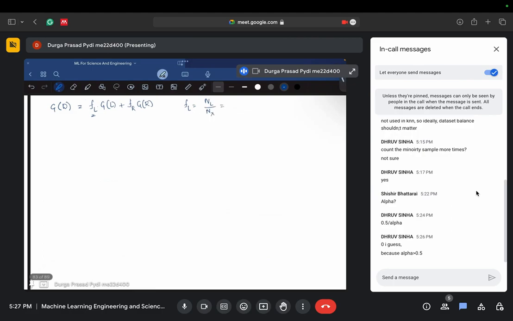We have this length as alpha, so this will be alpha, and FR will be the remaining one, that is 1 minus alpha.